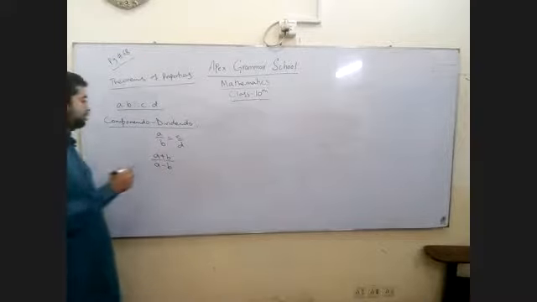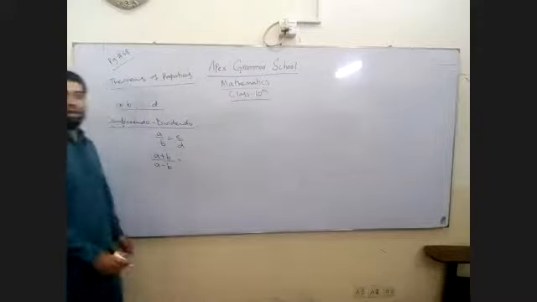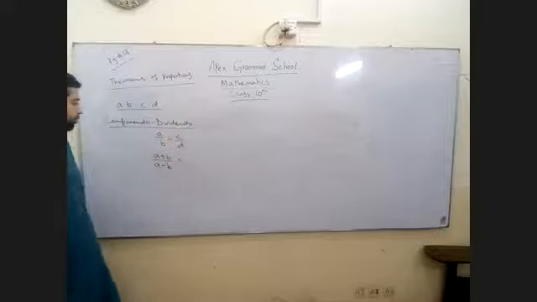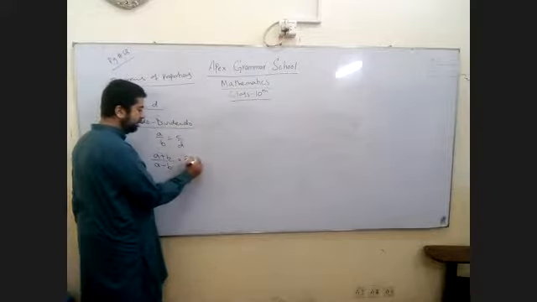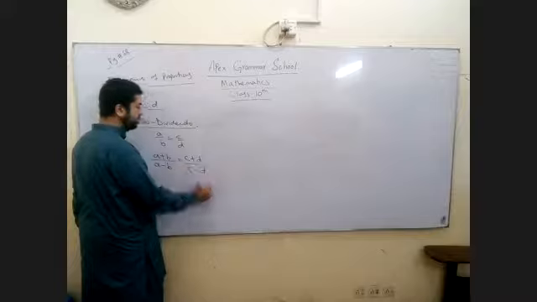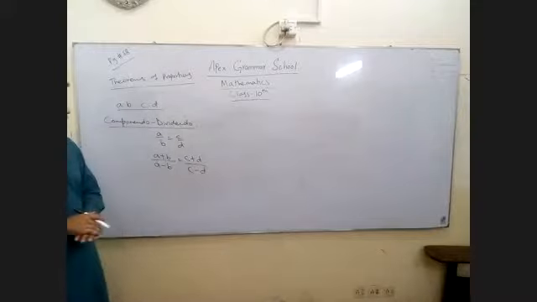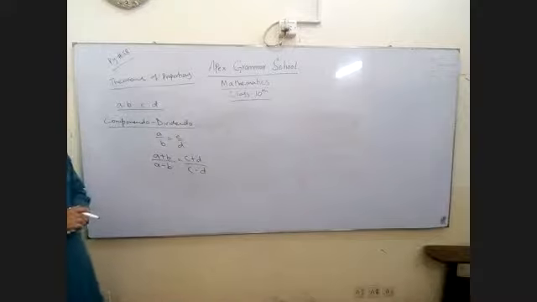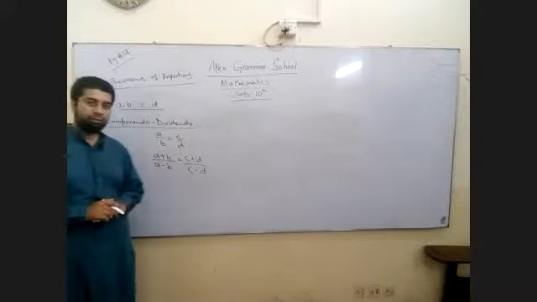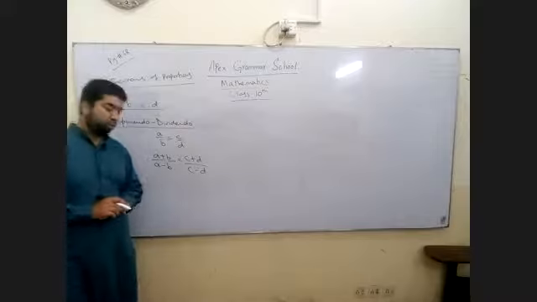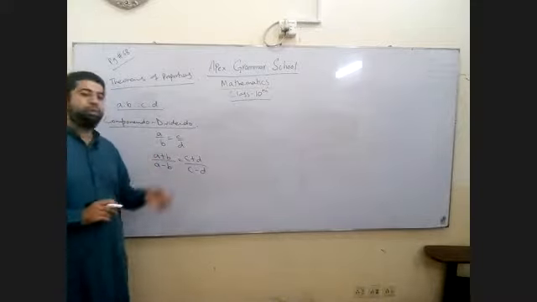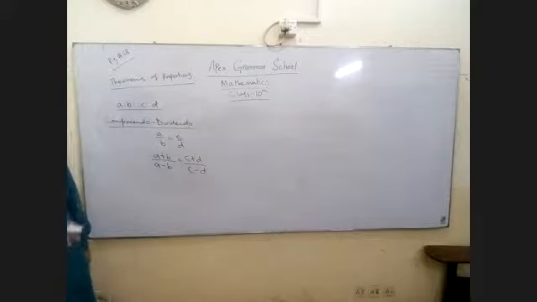The thing is balanced only if we apply the same scenario on the right-hand side. You can write it as C plus D over C minus D. Now the things are balanced. There is no compulsion that you need to apply the addition property on the numerator and the subtraction property on the denominator.